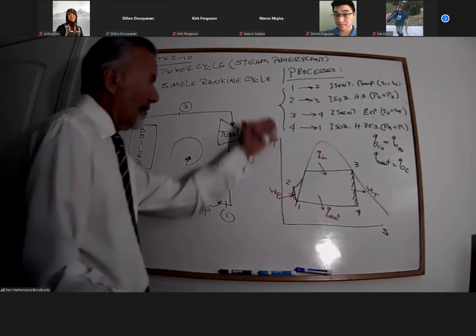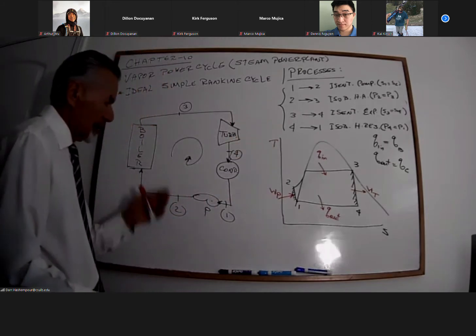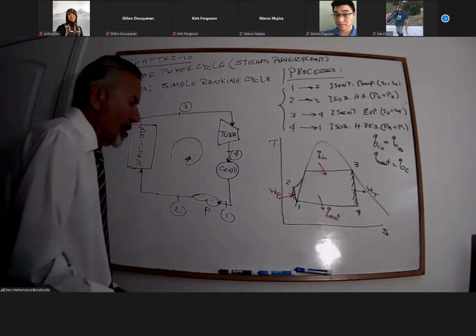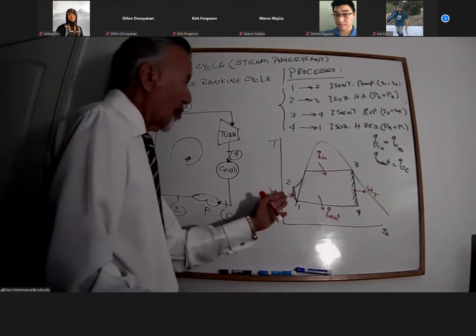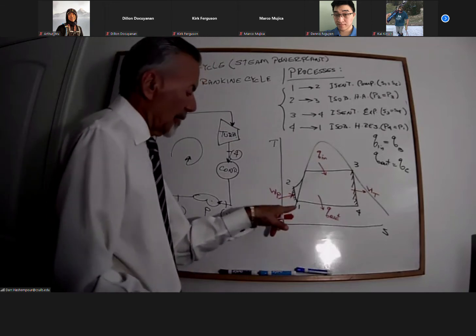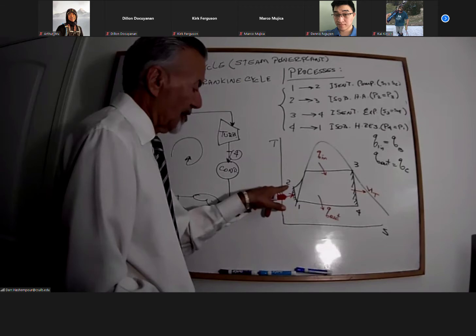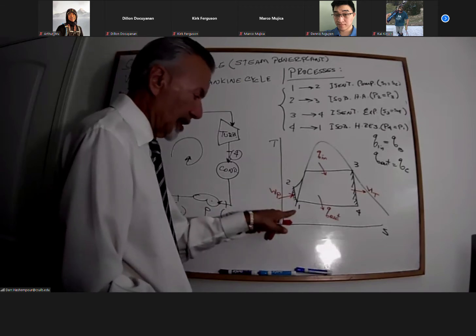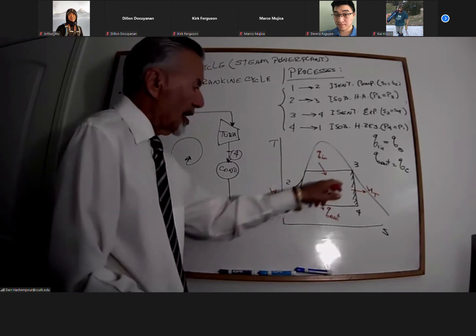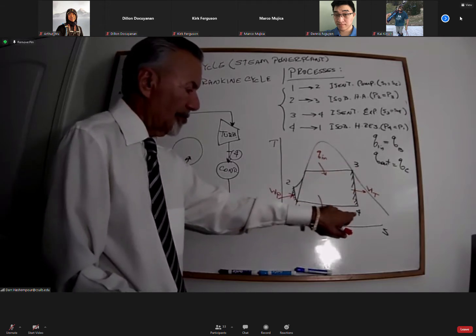So now that we have the processes and the TS diagram based on the coordinate diagram, we want to know what the phases are. At point 1, we have saturated liquid, then compressed liquid, or unsaturated liquid, then saturated vapor, and then a mixture.